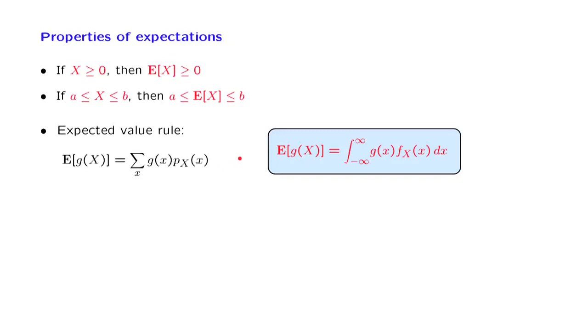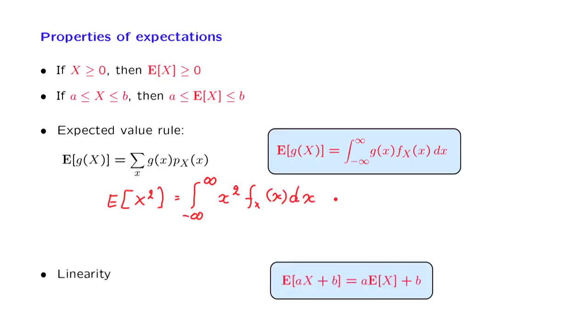As an instance of how we might apply the expected value rule, if you wish to calculate the expected value of the square of a continuous random variable, you would proceed as follows. You would integrate over the entire real line the value of the function, which is x squared in our case, weighted according to the density.